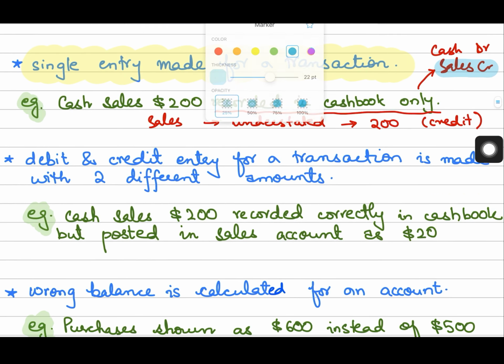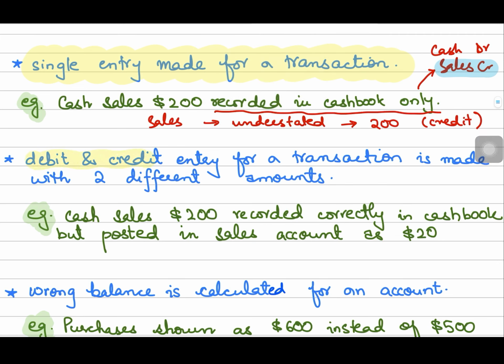Similarly, another example would be if the debit and credit entry for a transaction is made with two different amounts. So in this example, you have completed the double entry, but the amounts on both the accounts are different. For example, cash sales 200 recorded correctly in the cash book. So the cash book has been correctly debited by 200, which was the correct value. However, posted in the sales account as just 20 and not 200.